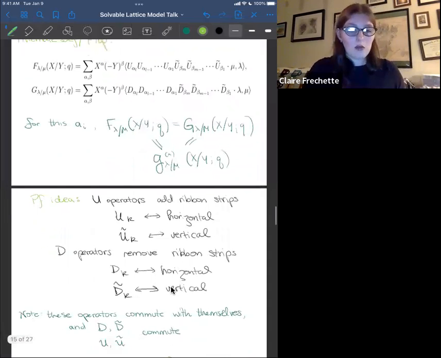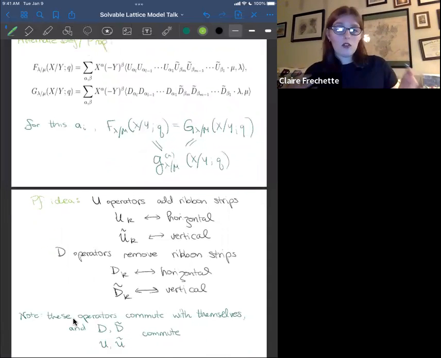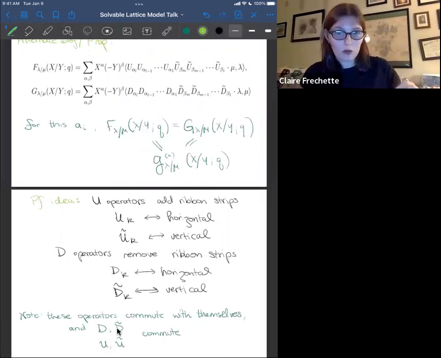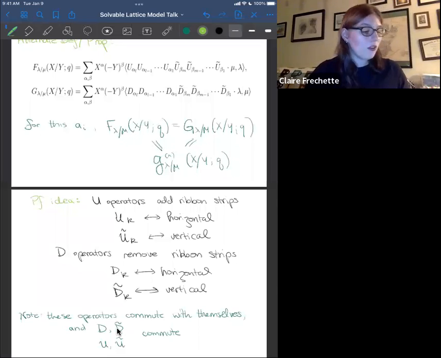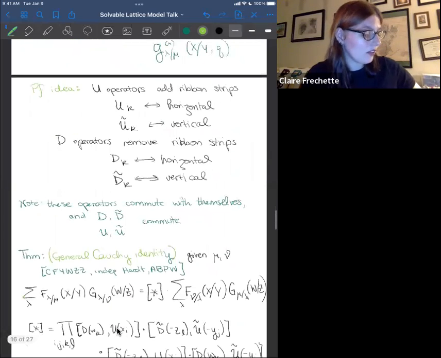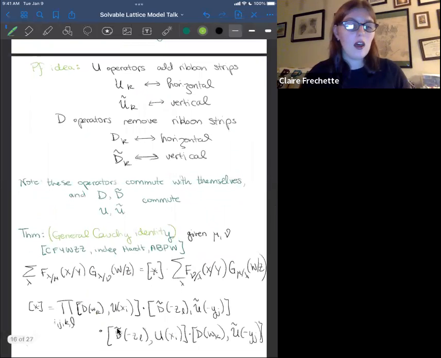And Lam's proof of the symmetry relations comes out of the fact that all of these operators commute with themselves, and that operators of the same type of addition or removal also commute. But the commutation relations between the other types of operators do not turn out to be so simple, and investigating those gets us a generalized Cauchy identity.